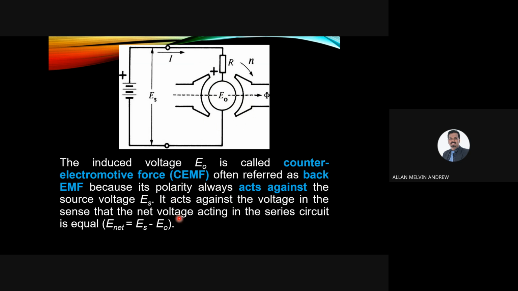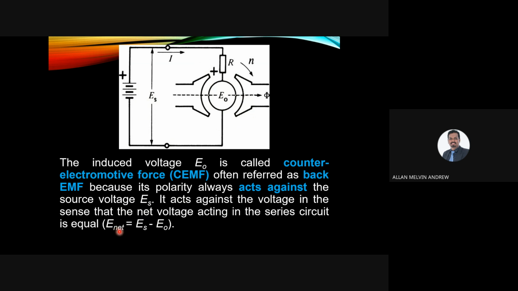Okay, so as a summary, we can see from here ES, the supply voltage, and also EO, the output voltage. When we subtract it, that is the net voltage that is acting.